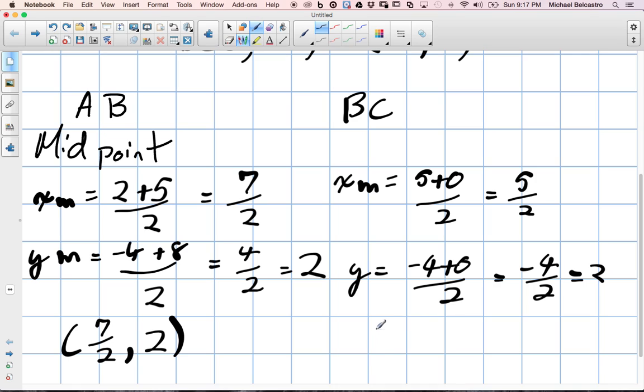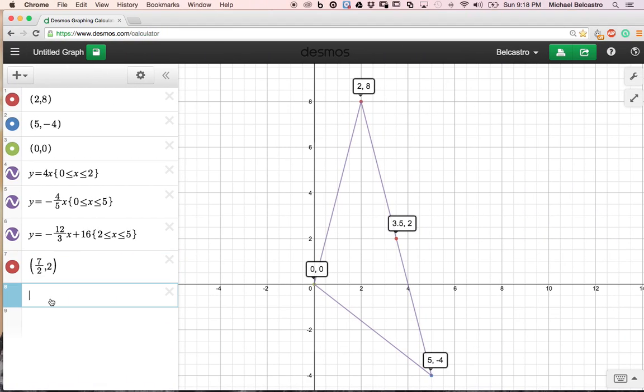So our other midpoint ends up being 5 over 2, which is 2.5, and negative 2. Let's plug that in to our graph also. And again, we've got our 2 midpoints. Those are going to be really important to us.